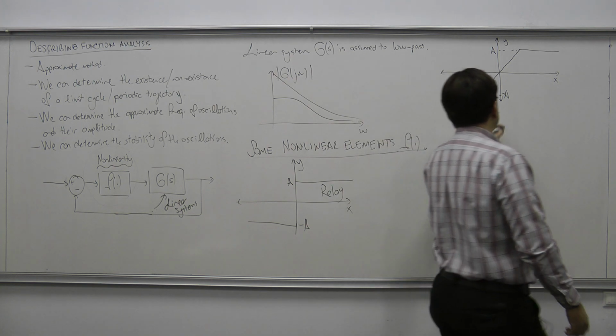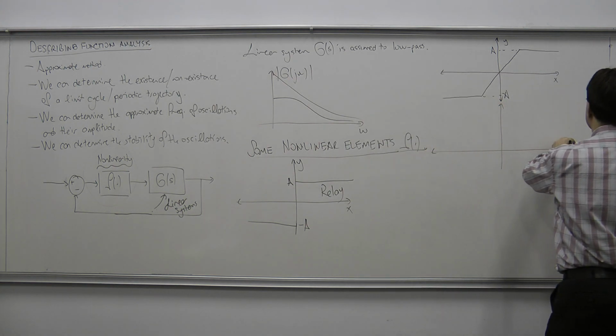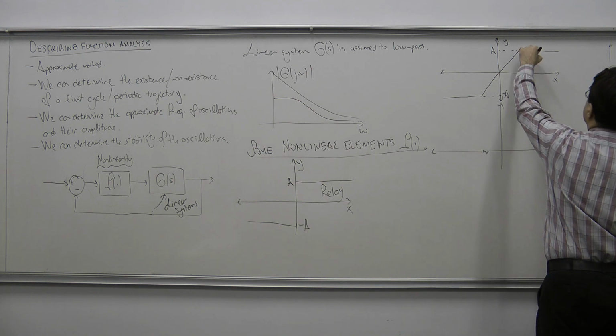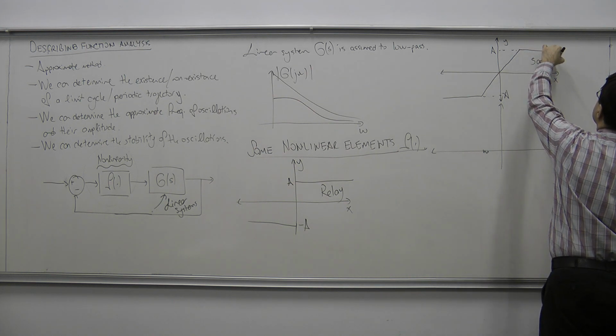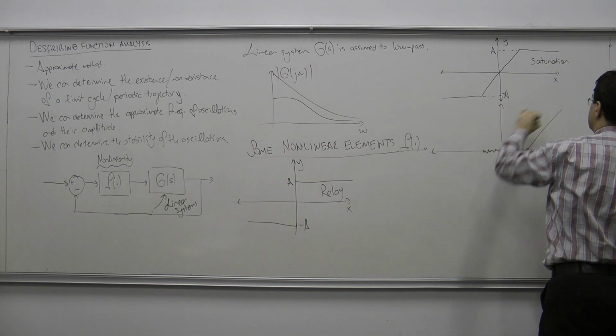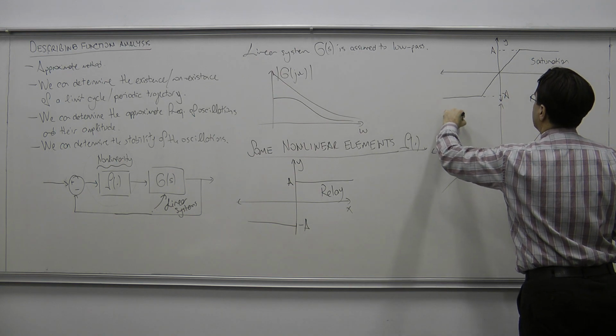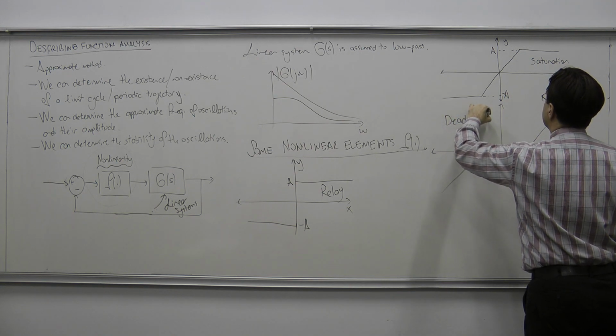The third type of example nonlinearity that we can consider, so this is saturation. The third type is called a dead zone. Okay? So this is called a dead zone type of nonlinearity.